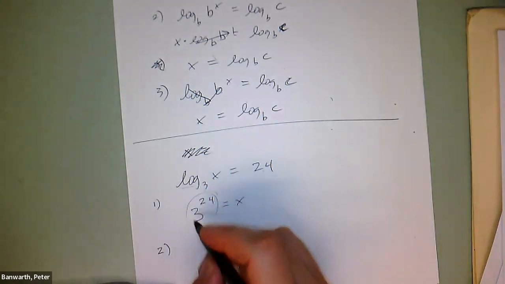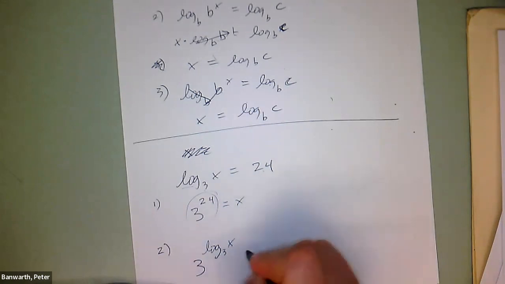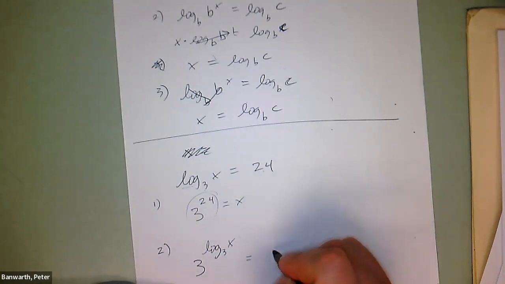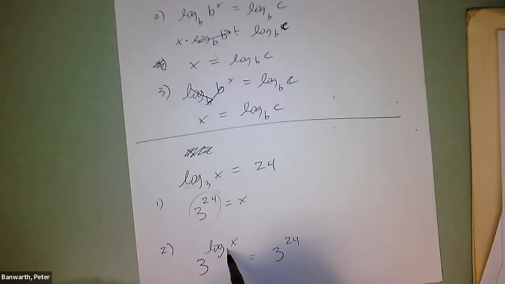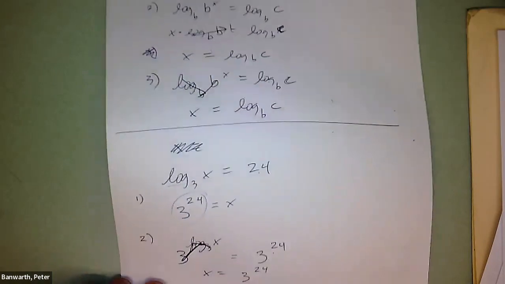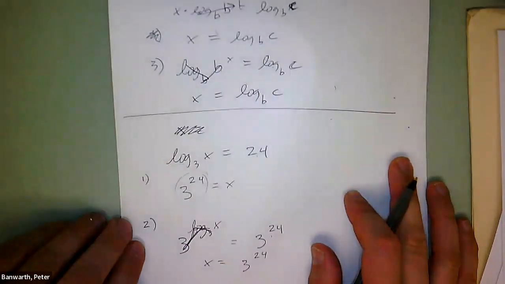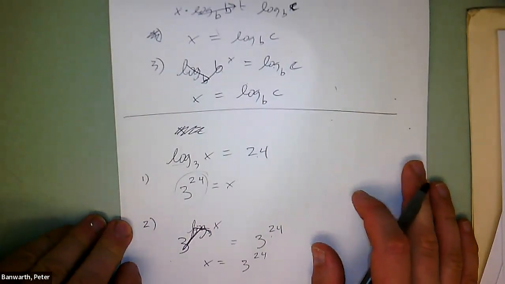Or I can say I have a log base 3, and since logs and exponentials are inverses, I can do 3 to the log base 3 of x equals 3 to 24, and those cancel, leaving me with x equals 3 to the 24. Couple ways to solve log equations.